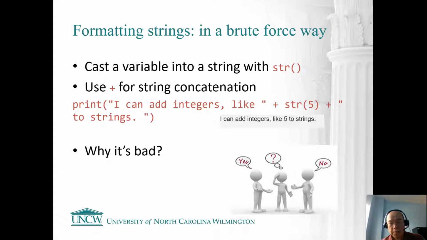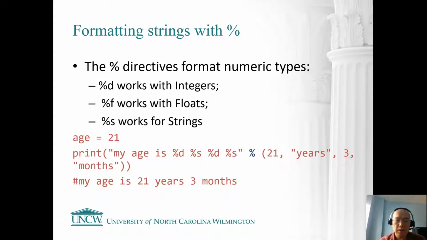It's bad because we are just plugging one value, 5, into this string, however, we have to use one cast and then two concatenations already. If we want to do something complicated, plugging multiple parts into a string, it will be hard. What do I mean?